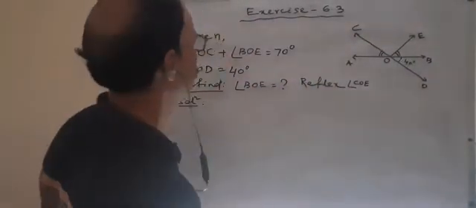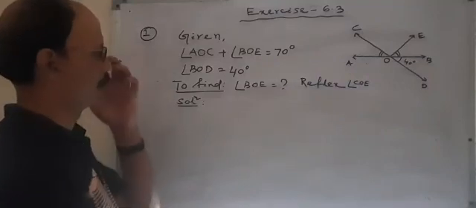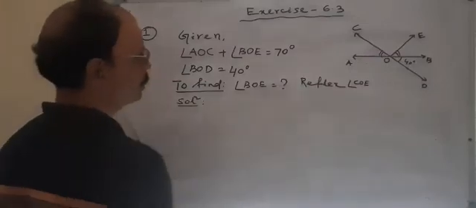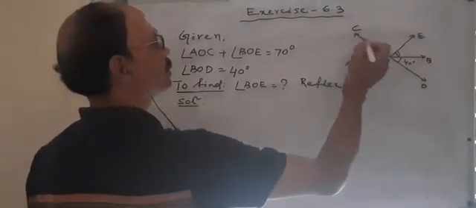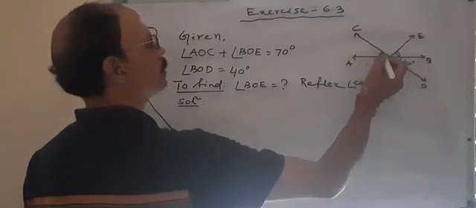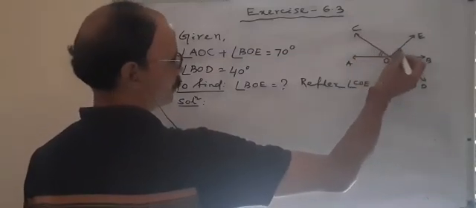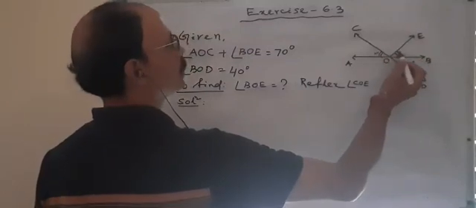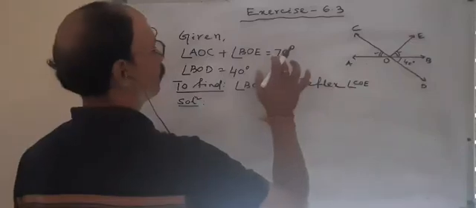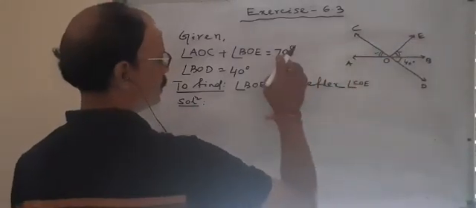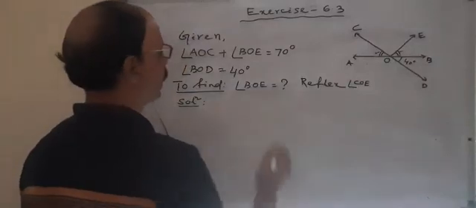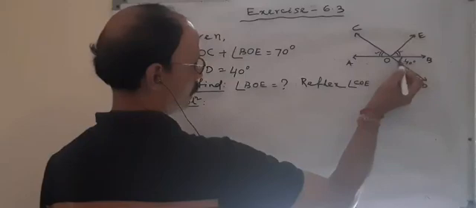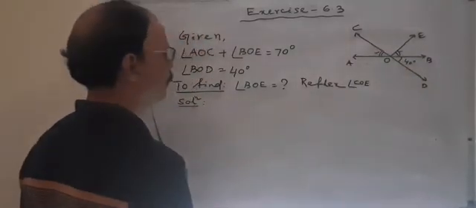So let's start exercise 6.3, question 1. In question 1, what is given is that the sum of angle COA and angle EOB is 70 degrees, and another angle, BOD, is given as 40 degrees.